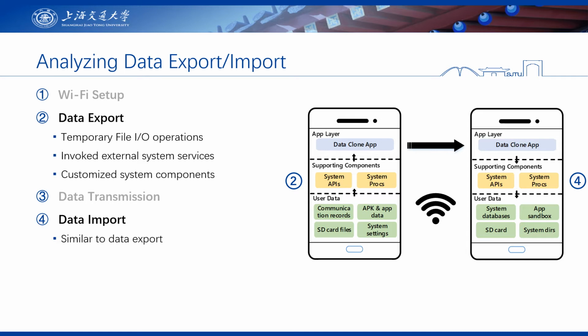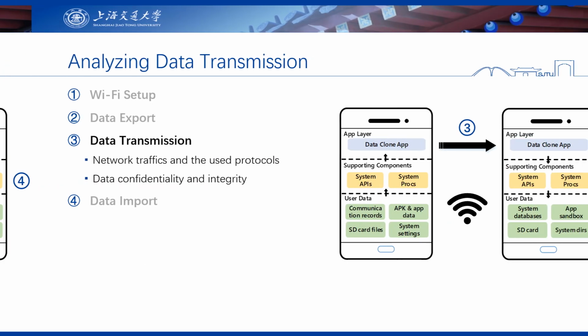Then, we monitor the invoked system services and system components to understand how the data clone app retrieves system data. Finally, we identify exposed components of this data clone app and verify whether they can be exploited by a malicious app.